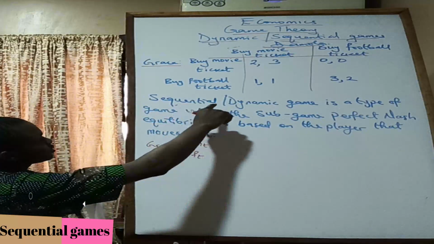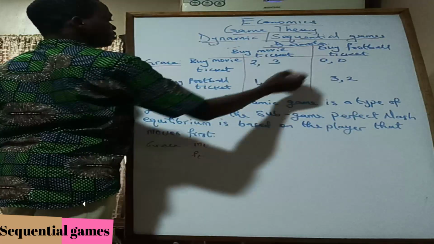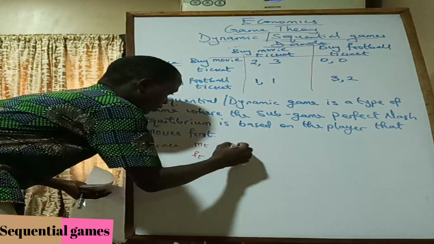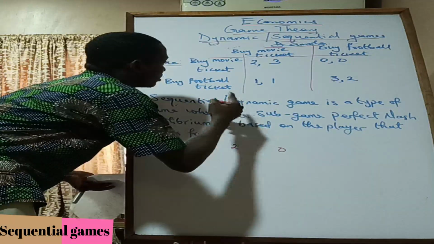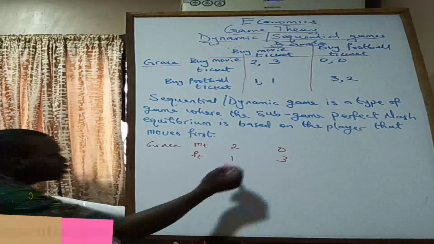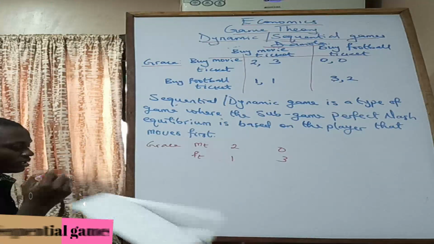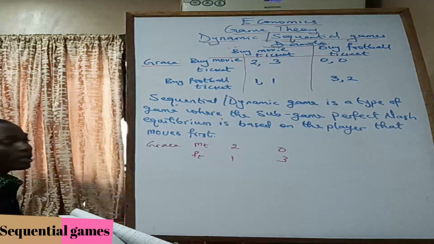I told you from the previous slide that the first payoff here, 2-0-1-1, belongs to whoever is on this side. So I'm going to have two here and zero here, one here, and three here. If you look at it, two is better than one, but zero is not better than three. So buying a movie ticket is not entirely better than buying a football ticket.